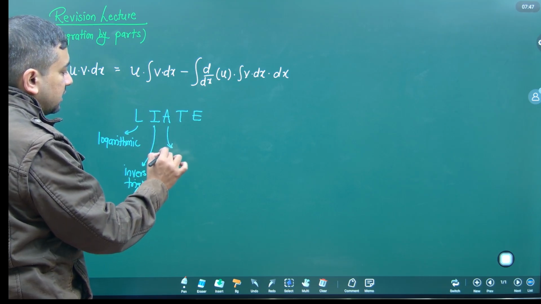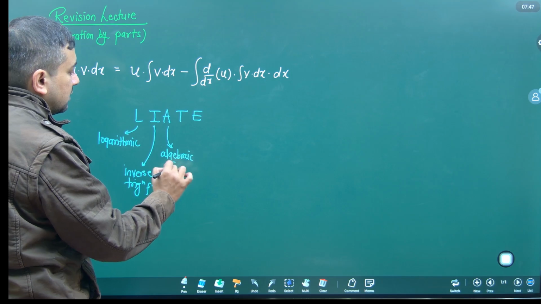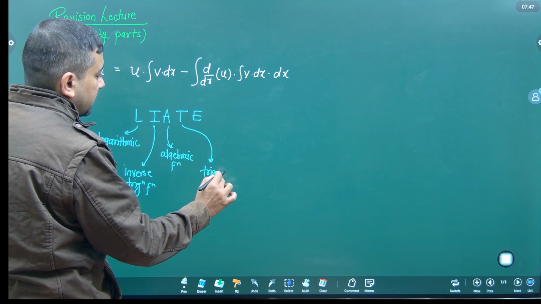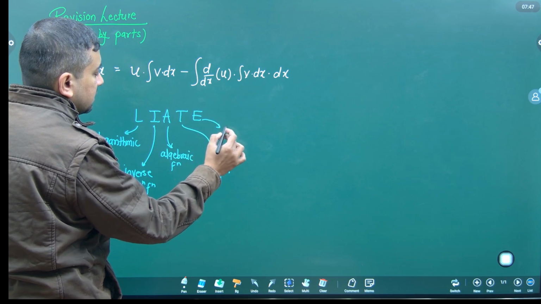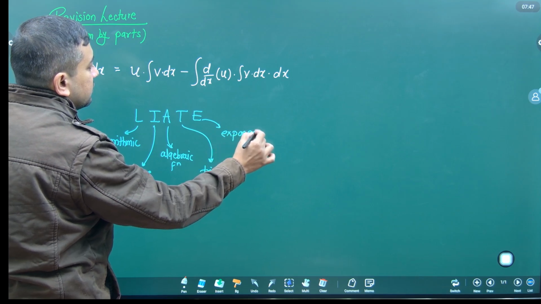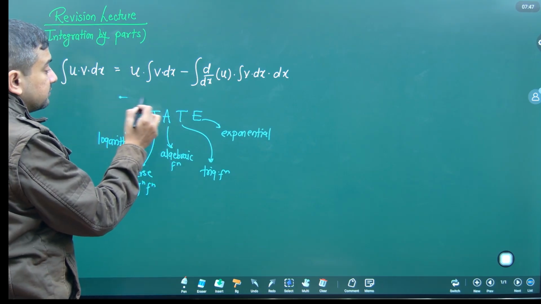Then what is A? A is algebraic function. Then what is T? T is trigonometric function. And what is E? E is for exponential function. Okay, so this is how you are going to consider u and v, right, from the left hand side.